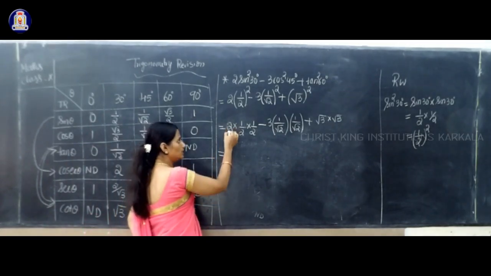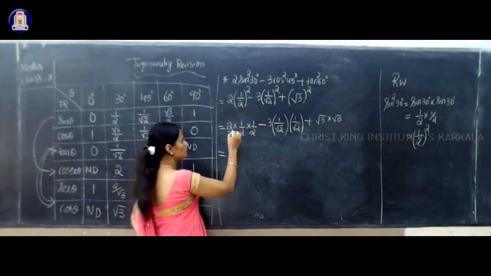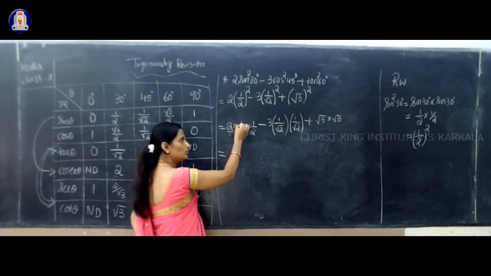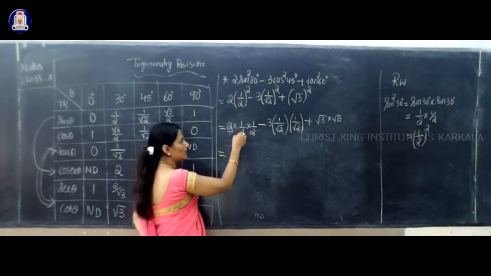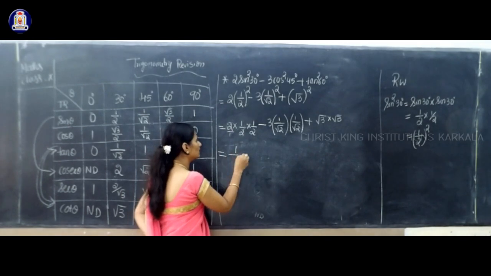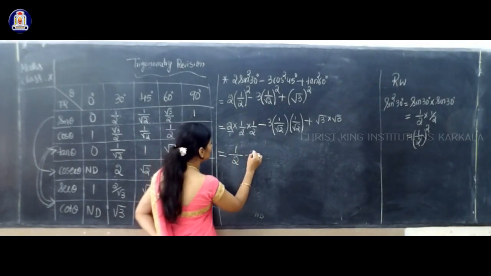Now see, 2 means it is 2 by 1, right? Is there an LCM here? No, because it is 2 into 1 by 2 into 1 by 2, so 2 and 2 we can cancel. What is left in the numerator? 1 divided by 2.